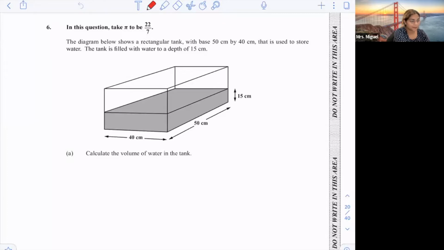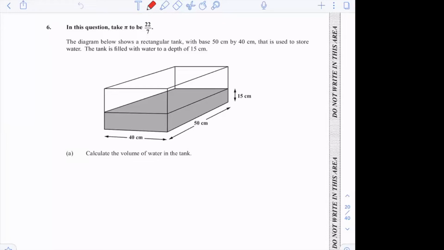So we're going to do an experiment here this afternoon. We have a container that is rectangular, just like what they have there. So this is my rectangular container. I have filled it with some water, and you see that the container is not full, but there is a depth of water in it. Are you all seeing that? Yes, ma'am.